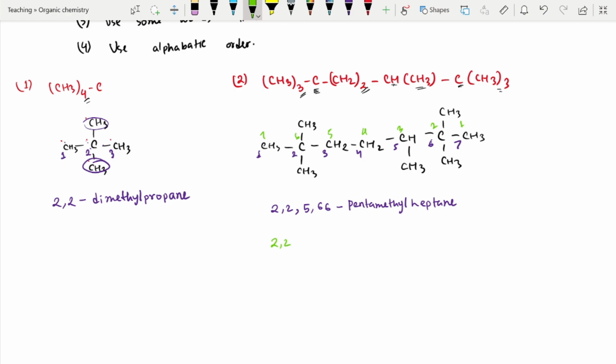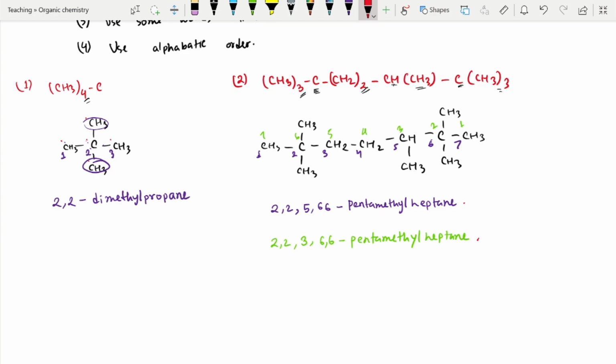In number 3 there is one methyl, so 3. And in number 6 there are two methyls, so 6, 6. So 2, 2, 3, 6, 6, 5 methyls in total, so pentamethyl heptane, right? And now the question is, which one is correct? Is it this one or this one?